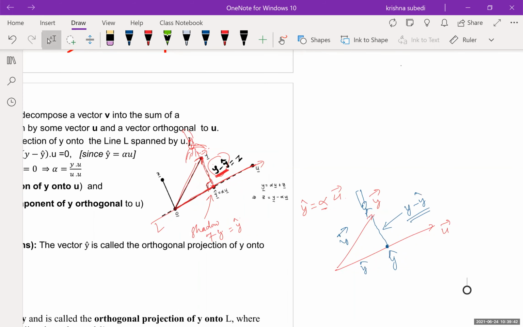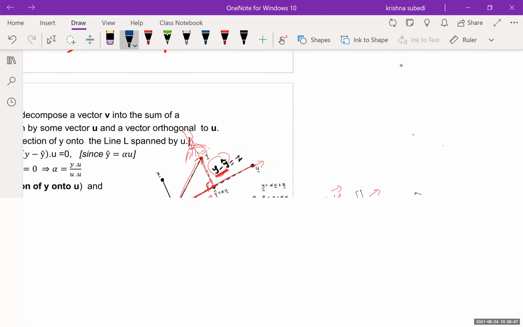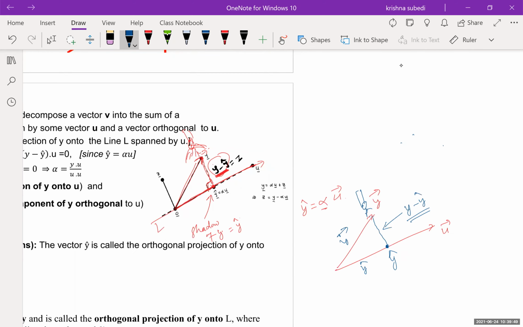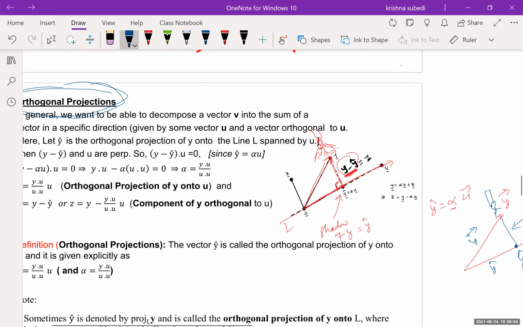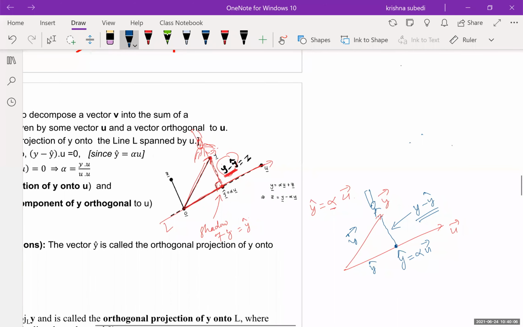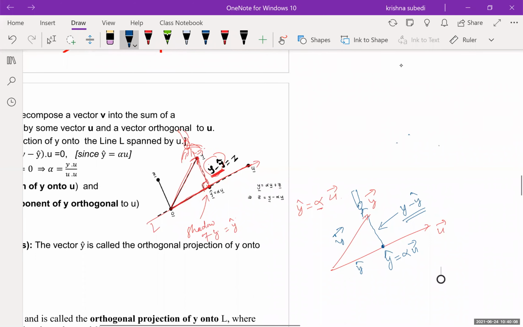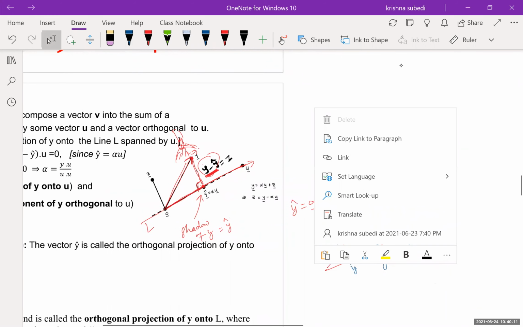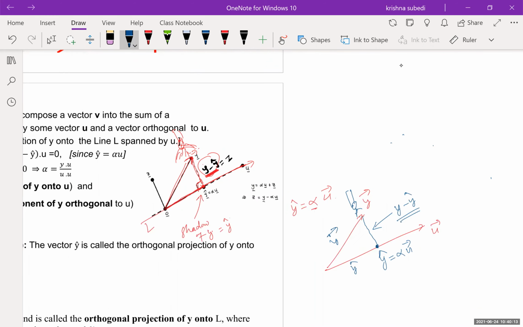Now, what we can say is that this is your lambda, I mean alpha u. Any questions so far?